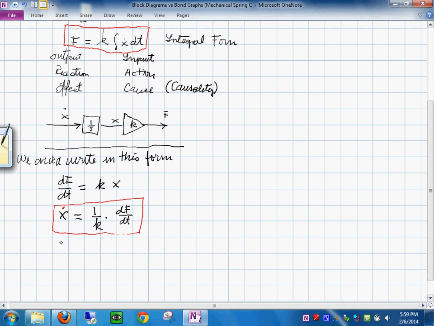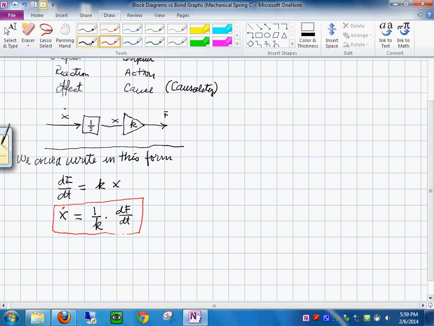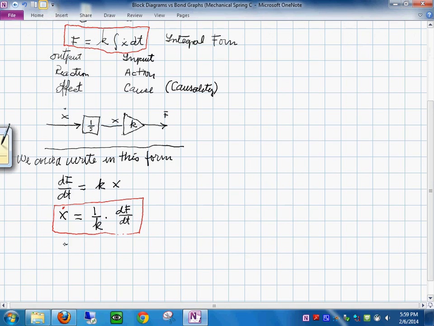We also know that if you have dx dt is equal to x dot, right? Consequently, you can say that dx dt is equal to 1 over k times df dt.